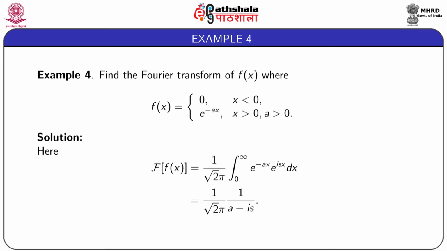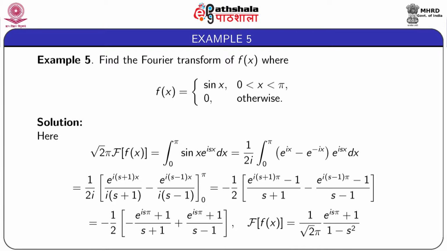Fourier transform of f x denoted by curl F of f x is equal to 1 by root over 2 pi integral 0 to infinity e to the power minus a x e to the power i s x dx. This integral can be evaluated. So, we get the Fourier transform of f x as 1 by root over 2 pi into 1 by a minus i s.